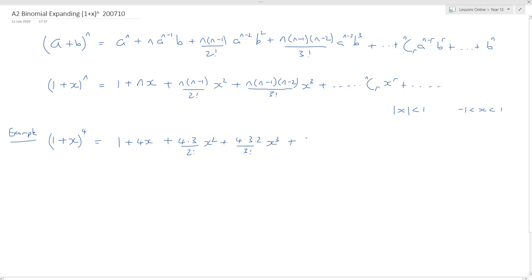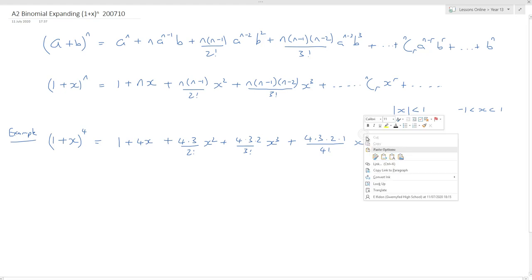plus, we've got one more term, 4 times 3 times 2 times 1, I'm using my dots to signify multiplication, or 4 factorial, x to the power of 4.